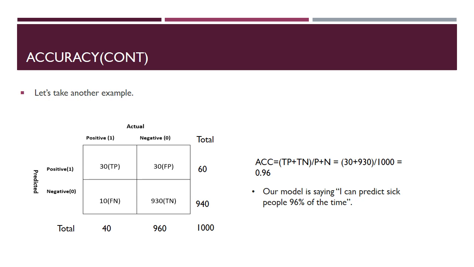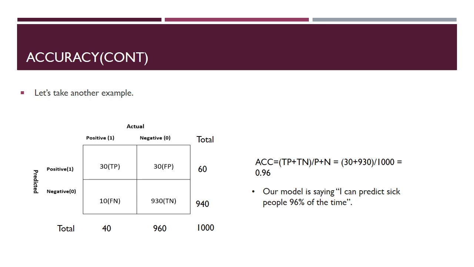So there are actually 40 positive classes in our data, and we have 960 negative classes in our data. We are talking about testing data on which we are going to evaluate our model. So let's see what the model predicts. If we see that there are 30 true positives, so 30 people were sick, and the model also predicted them as sick.